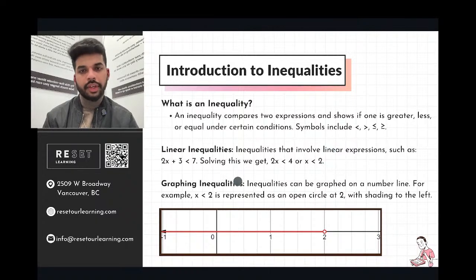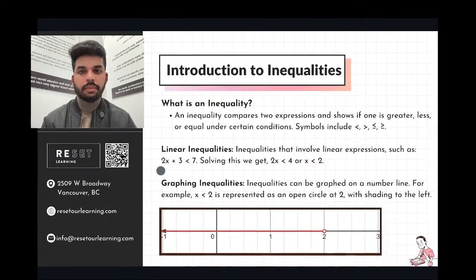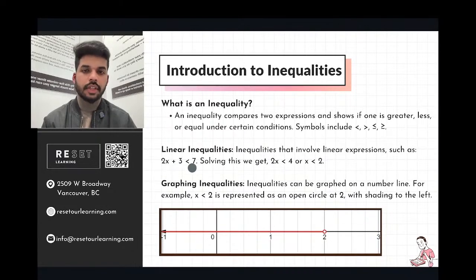We're going to be doing linear. Quadratic are slightly different than linear, but we're only going to be talking about linear in this case. Inequalities that involve linear expressions are pretty straightforward. Let's take this example, 2x plus 3 less than 7.